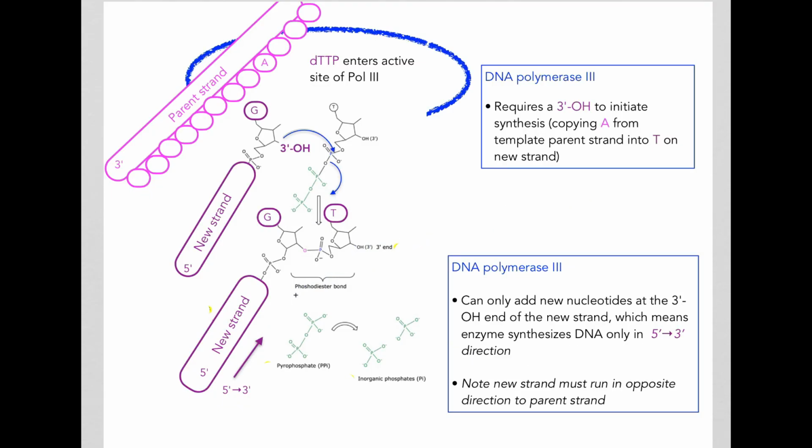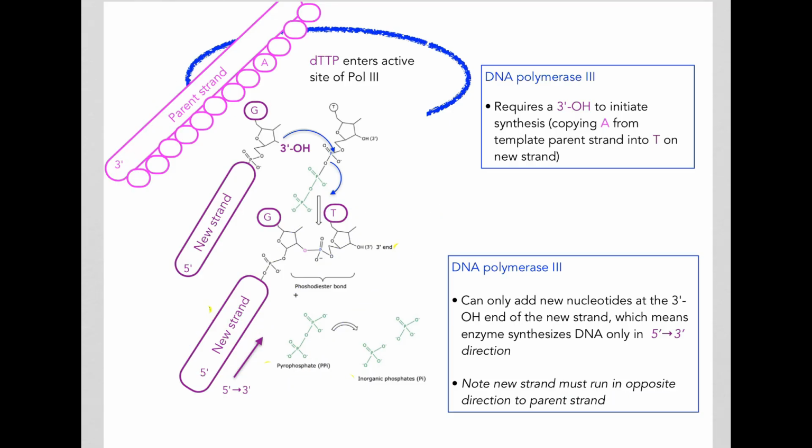Note that the newly made strand must have a direction that is opposite to the parent strand. So here the parent strand is running 3' to 5' from left to right. The new strand must run, in this case, 5' to 3' from left to right. They have to be antiparallel.